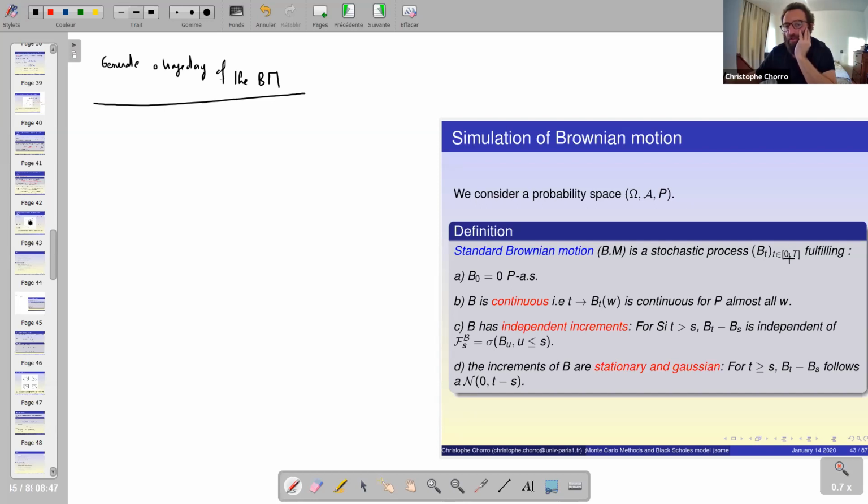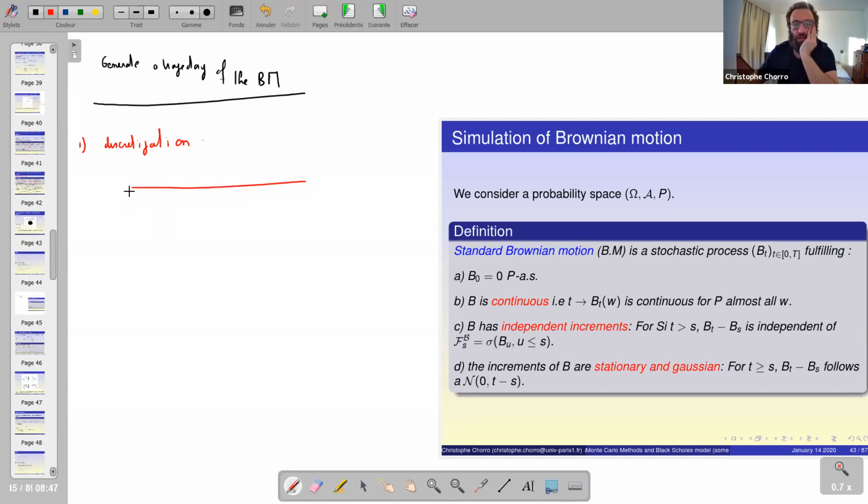With a computer, it won't be possible to generate an infinite number of points, so the first thing I have to do is a discretization. I don't have the choice.